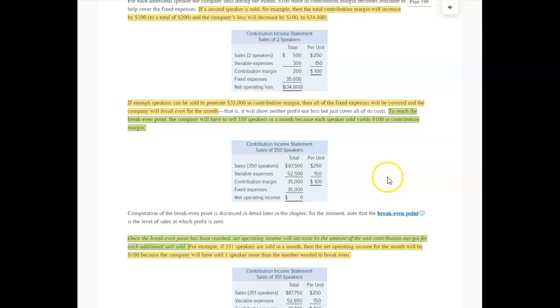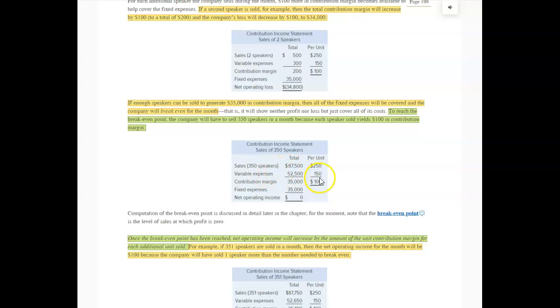Now they want to know how many units we have to sell just to break even. And break even, just like it says, you're not making a profit, you're not making a loss. Your net operating income is 0. So they found out that they need to sell 350 speakers to have a break-even point, a net operating income of 0. 350 speakers times 250 gives us revenue of $87,500.